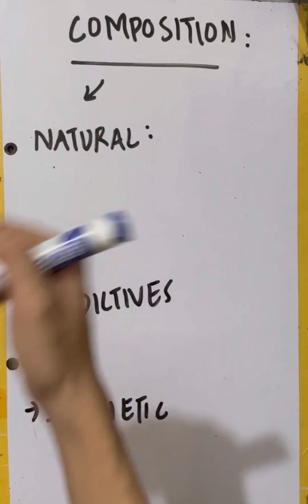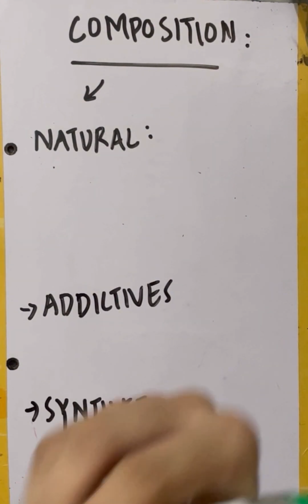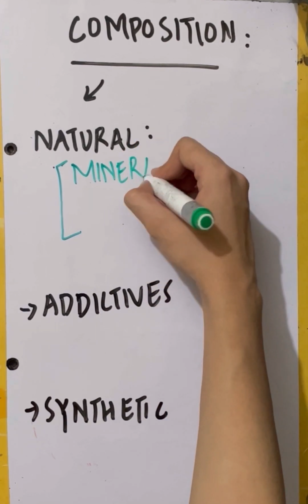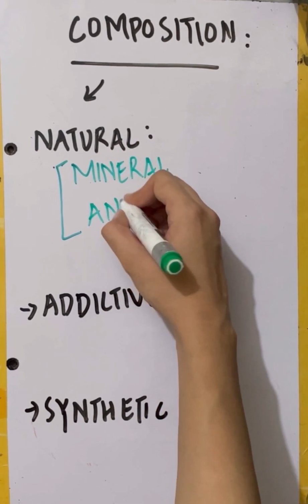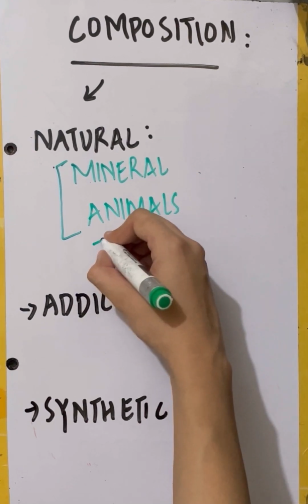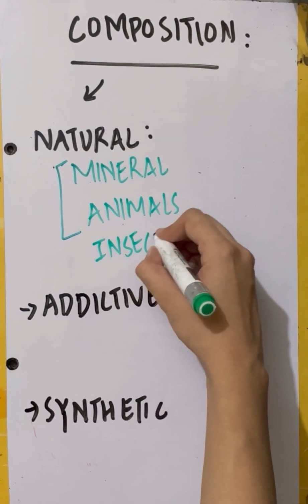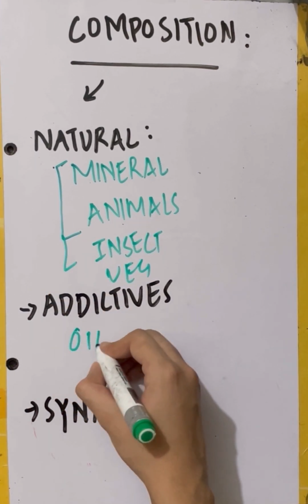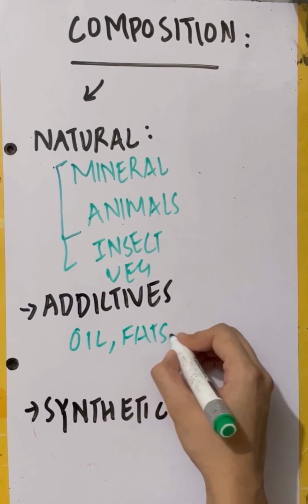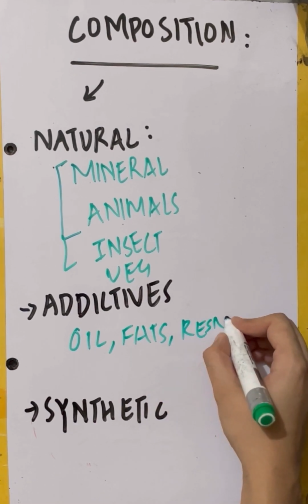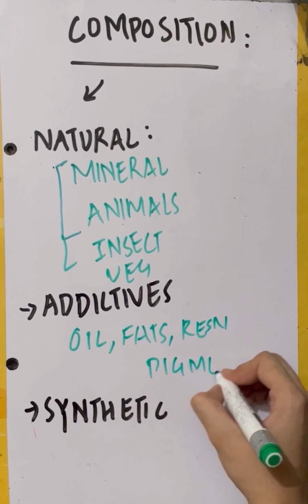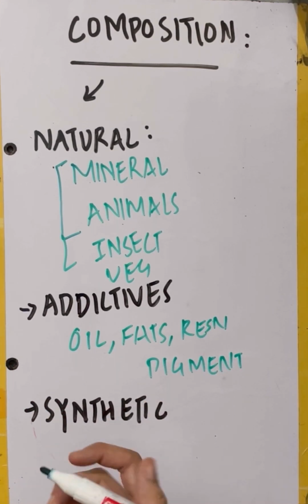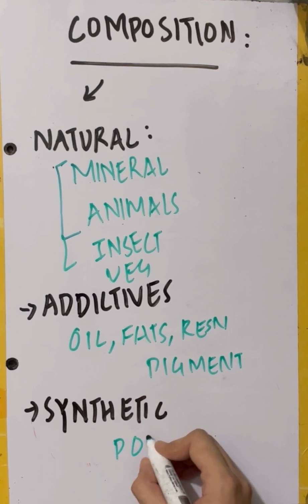Natural wax contains four things, which are minerals, animals, insects, and vegetables. While the additives contain oil, fats, resin, and pigments. And synthetic waxes are different types of waxes which are formed synthetically, such as polyethylene wax.